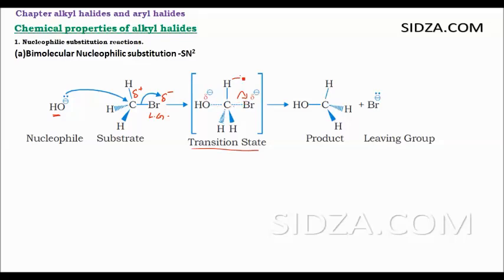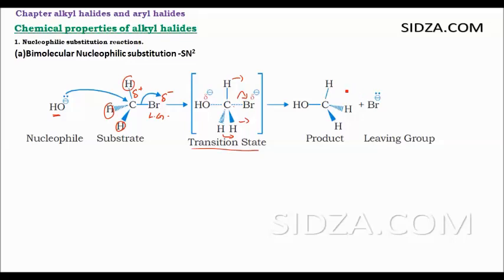The hydrogen atoms flip to the other side. So there is inversion of the configuration in the SN2 mechanism. The groups attached on this side move to the other side. We'll discuss the inversion of configuration later on.